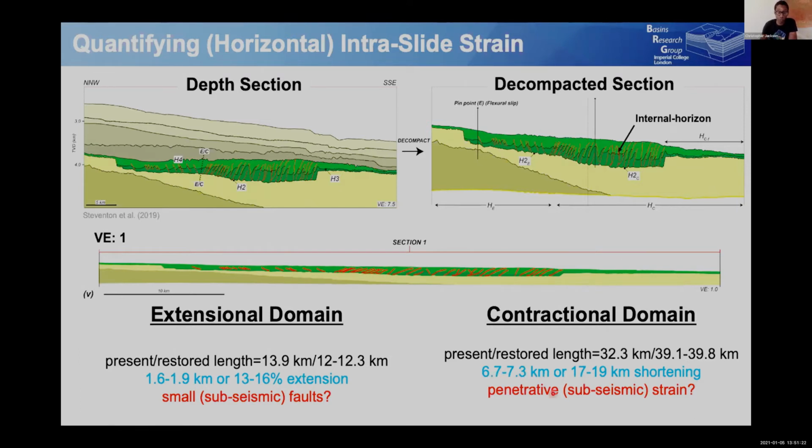And I'll come back to what we think the mechanisms are in a minute. And that yields a discrepancy of about 5.1 to 5.9 kilometers. So that means that there's more contraction than there seems to be extension in here. So why is that?